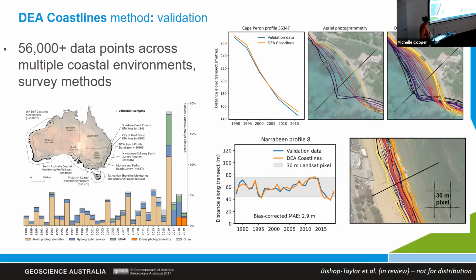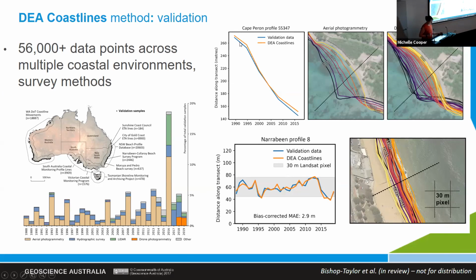So this is how some of these comparisons look. The top example there at Cape Peron, you can see the DEA Coastlines is the orange line, and this axis is the distance along the transect that coastline has moved from 140 metres to 260. So in this case, where the coast is eroding, we're tracking that erosion through about 120 metres of shoreline loss, shoreline retreat.